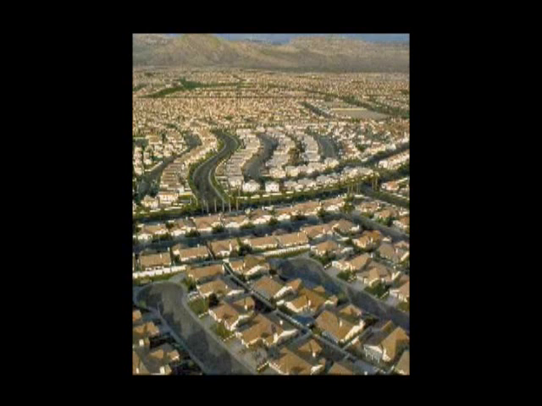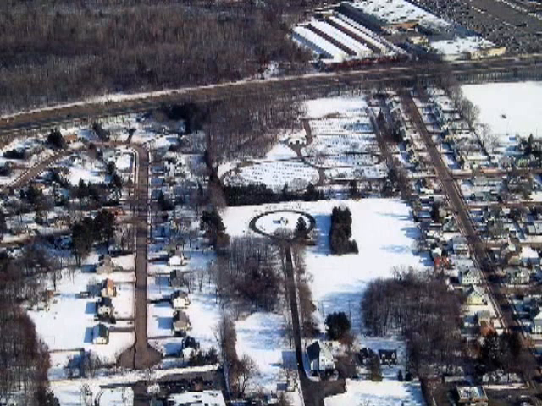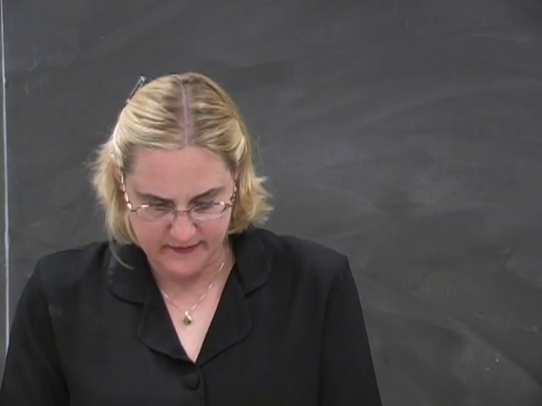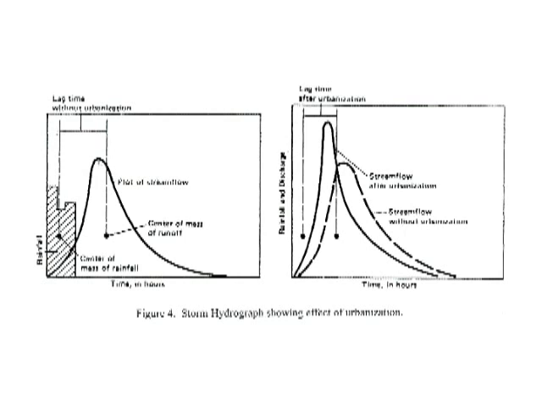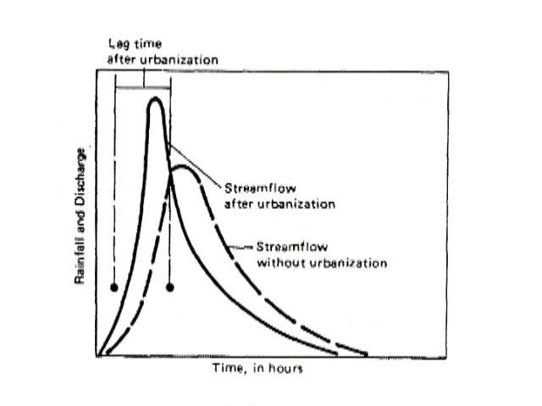Now, what happens if we start urbanizing the area or building on it? Well, first of all, what's going to happen to the ground surface? We're going to have the same rainfall event, but what's going to happen now is that the water can no longer infiltrate into the ground. So we not only get a much faster response of the maximum in the stream, but also look, it's much higher than what it was under, say, natural conditions.